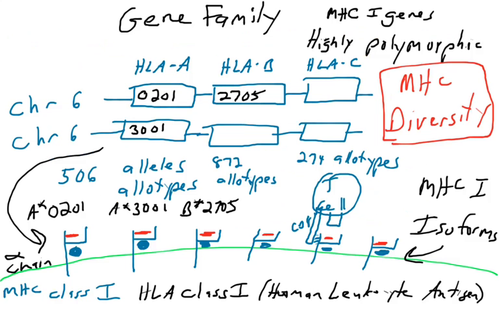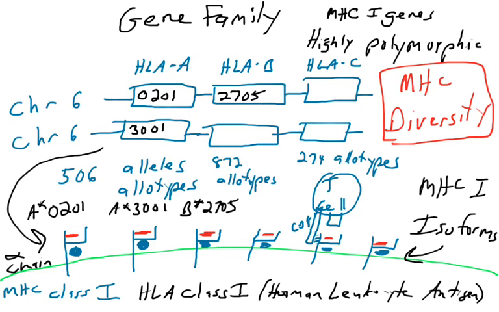Right? So that brings us back here, where we started, which was a very messy area on chromosome 6. But now hopefully you understand that the HLA-A gene and the B gene and the C gene all encode for the alpha chain of the class 1 molecule. They all make the alpha chain. But what's different about them?